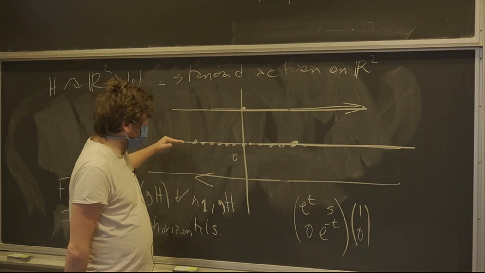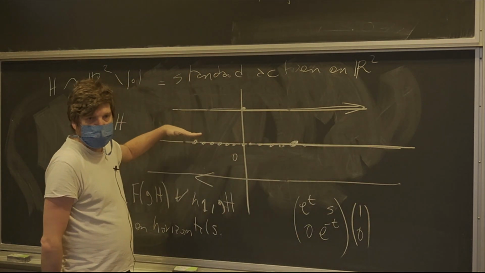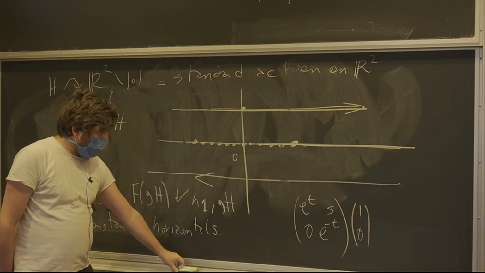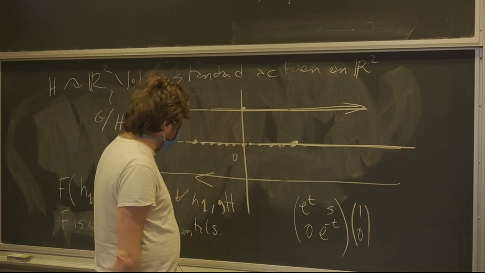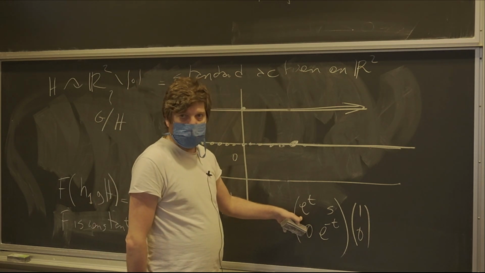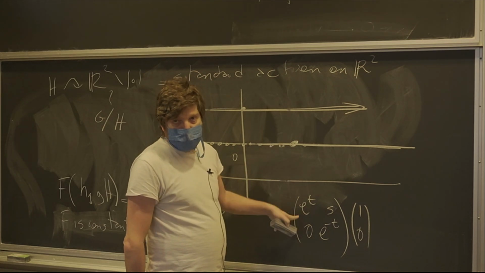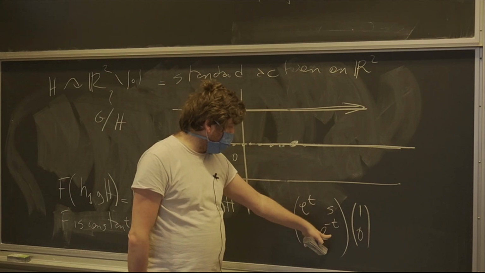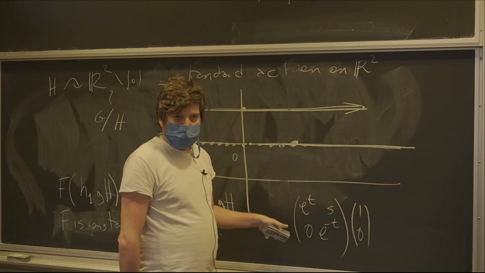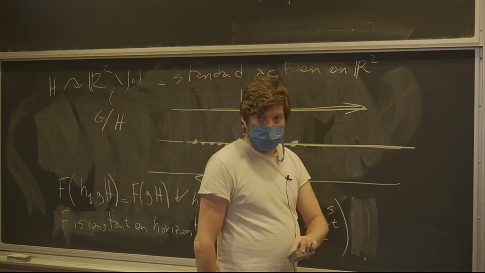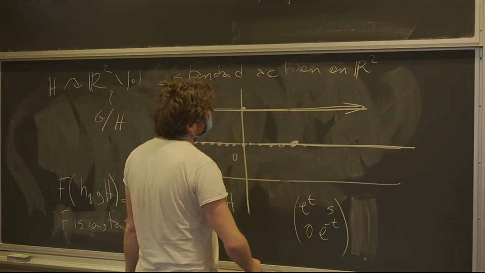So these are these vectors here. Okay, so hence what I get is that little f is constant for this guy. So no matter what the value of t, s, and minus t is, little f is constant on here. Okay, so that's what we got.